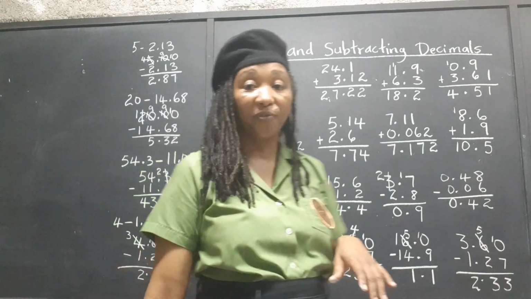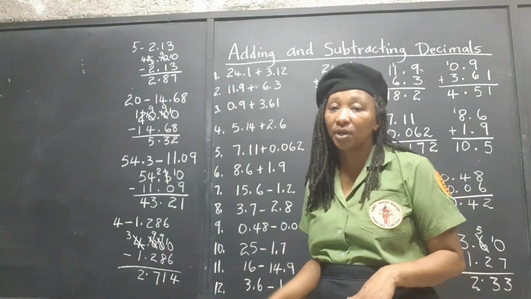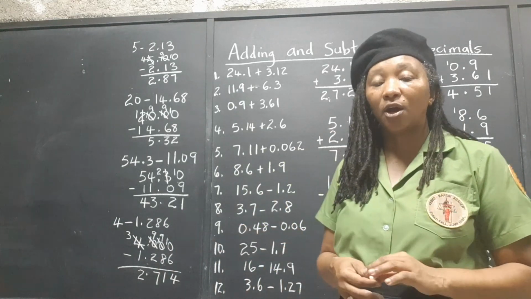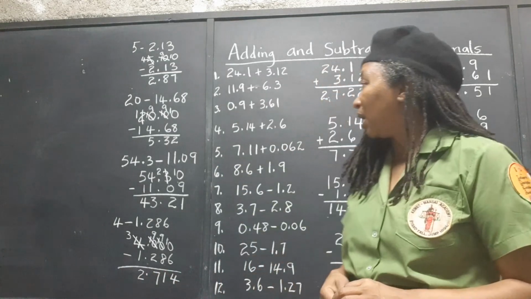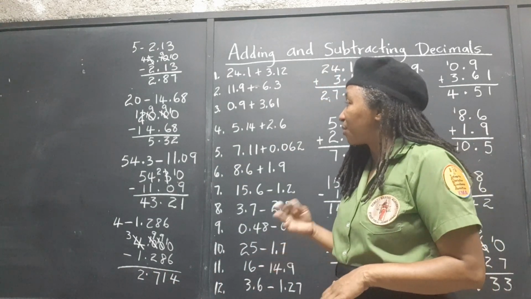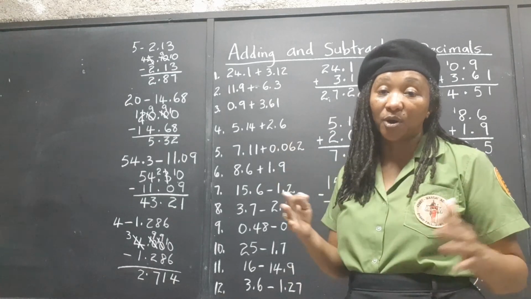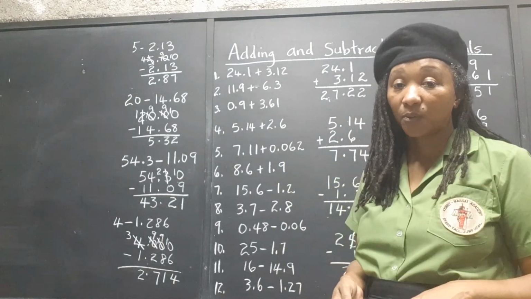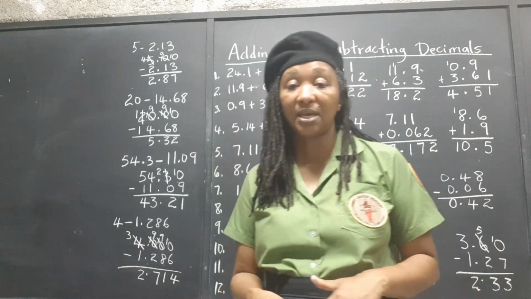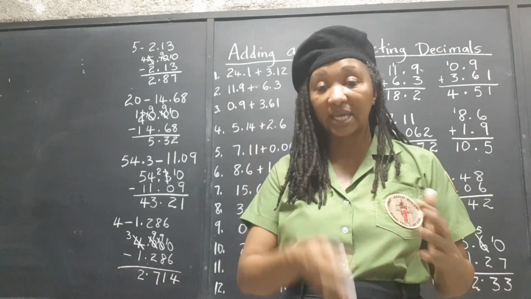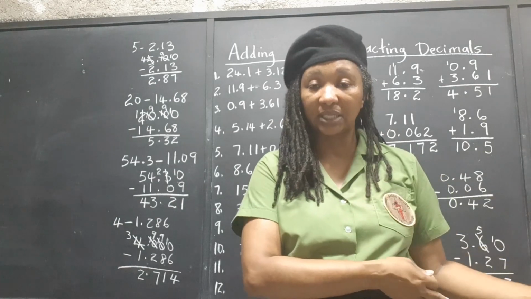Alright, hopefully that's enough practice for you. For now, you can always go and do your own practice and double check your answers. And all we need to remember really is to line up our place values. When you're adding and subtracting decimals, it is extremely important. Line up your ones, your tens, your hundreds, your thousands.